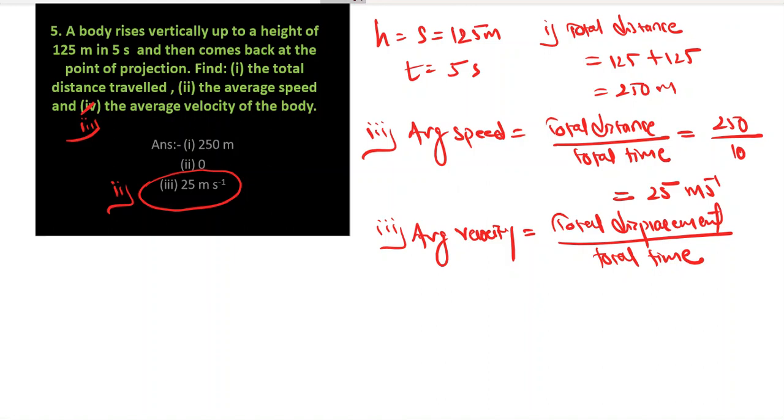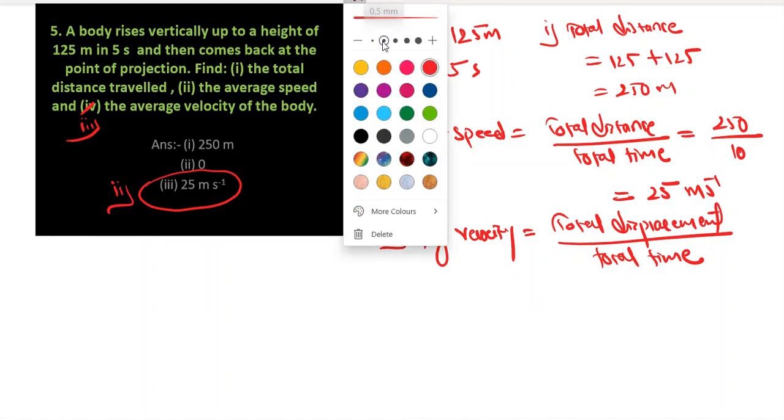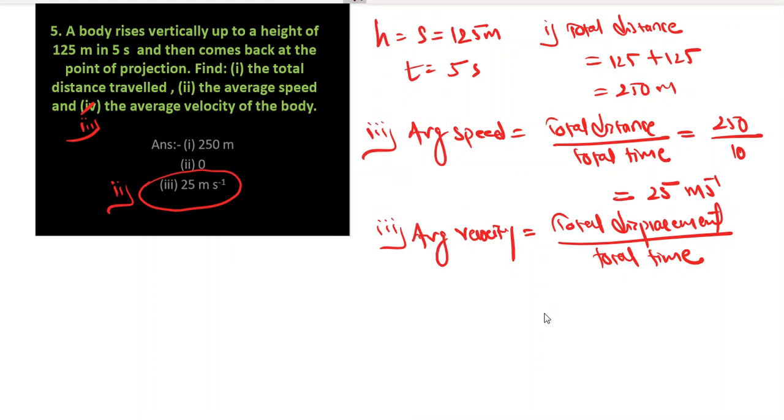Now, as we know that the body first goes up 125 meter, comes down to its same position. So the total displacement would be 0 and the total time is 10 seconds. So the average velocity is 0 meter per second. So that's the final answer for first, second and third one.